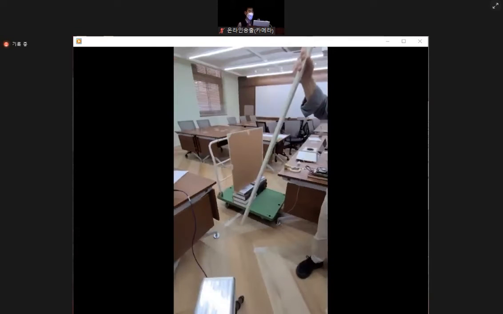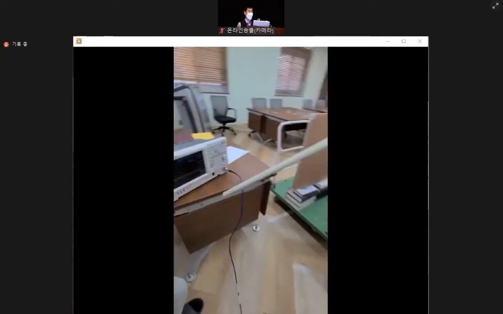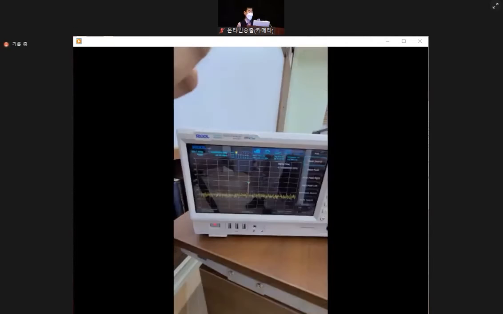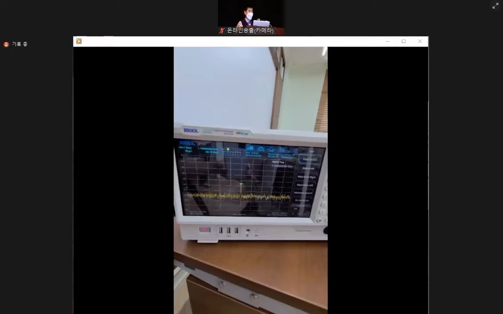We are wondering what happens to this probe. Let us see the signal strength. That is minus 49 or minus 50 point something dBm.